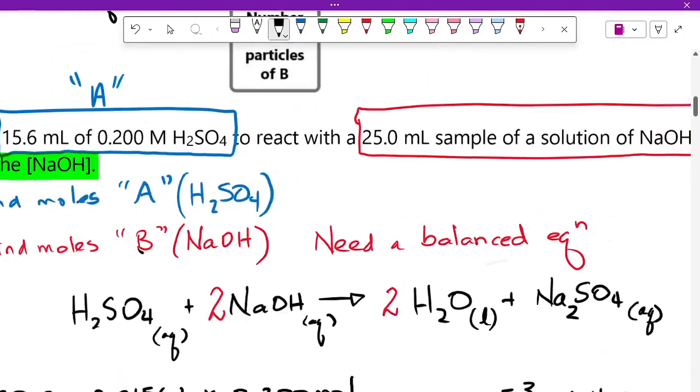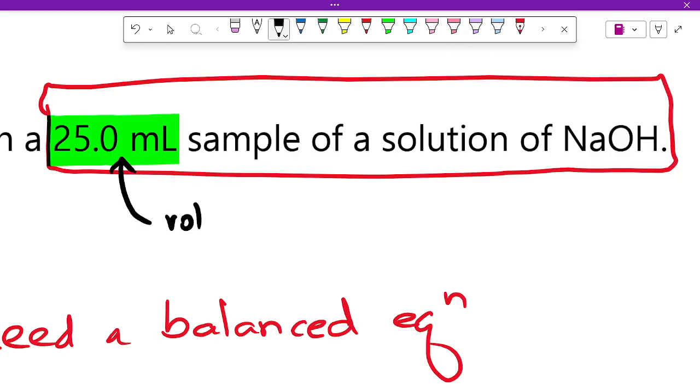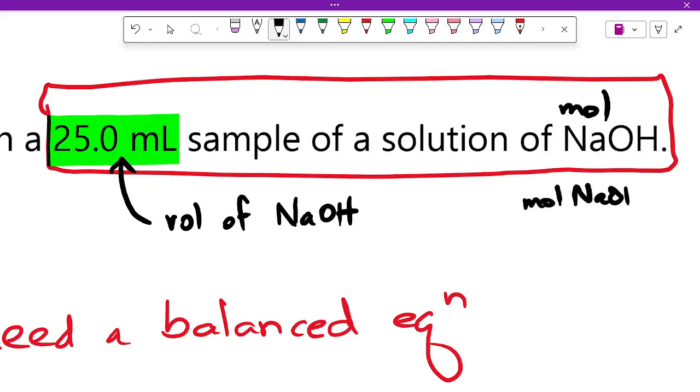What is our volume of the NaOH solution? 0.02. That is our volume of the NaOH solution. That's a good question. Everybody think about that for a moment. If I want the concentration of this sample of NaOH, and I have my moles of NaOH, do I want the moles of NaOH in 25 milliliters and calculate my concentration from that?